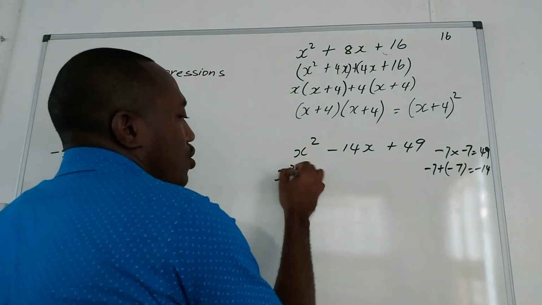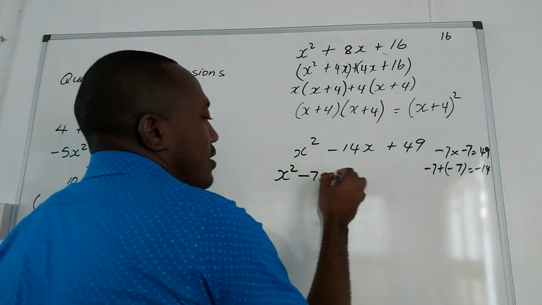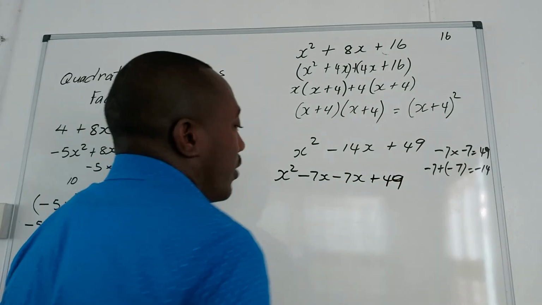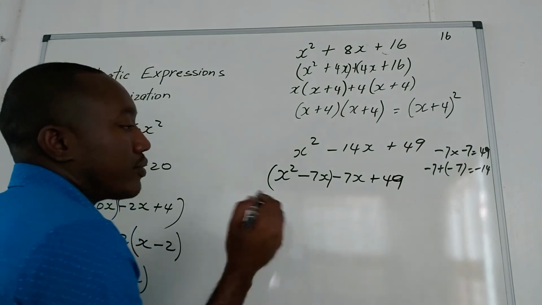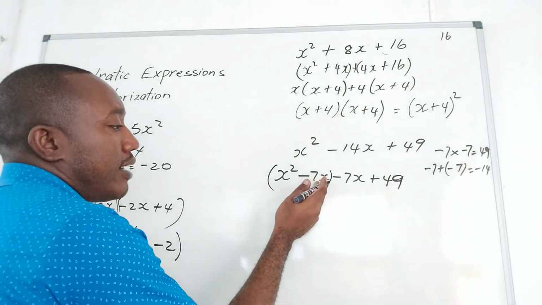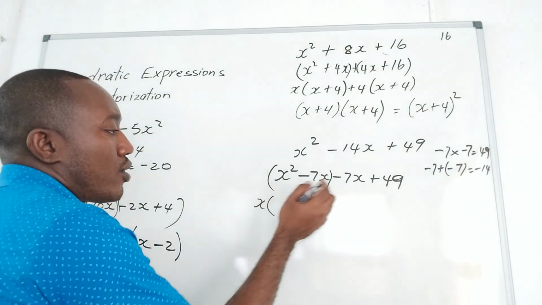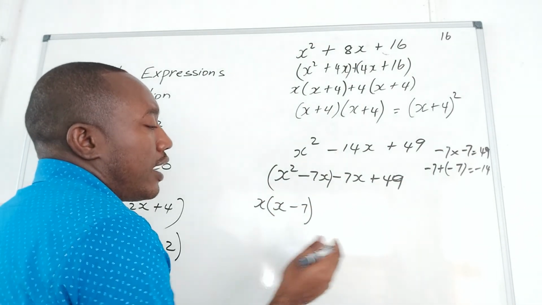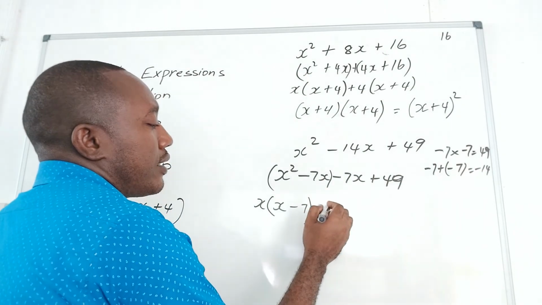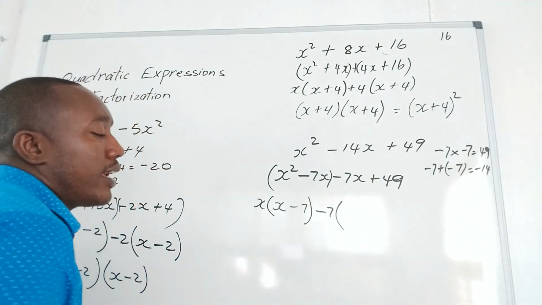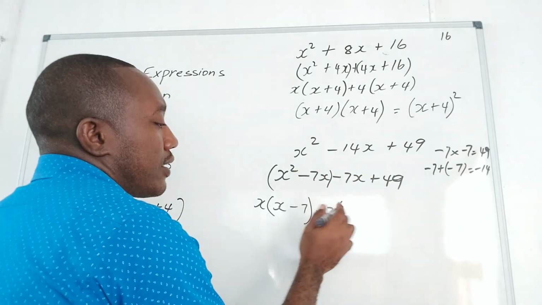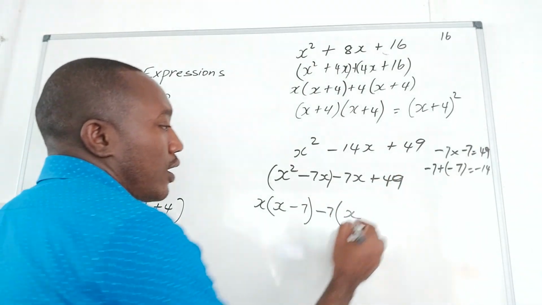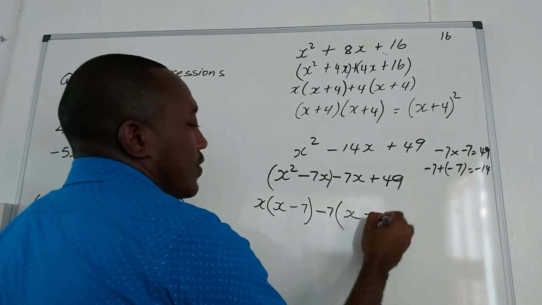So x squared, take 7x, take 7x plus 49, right? We group. Our common factor here is x, so when we factor out x, we're left with x minus 7. And here our common factor will be negative 7. Negative 7x divided by negative 7 gives us x, and 49 divided by negative 7 gives us negative 7.